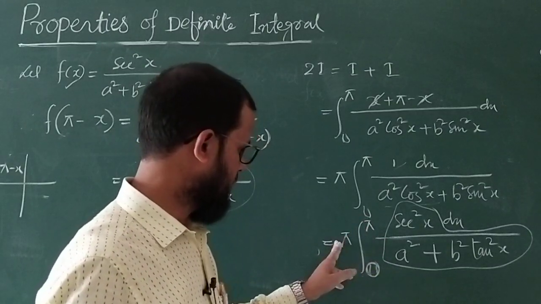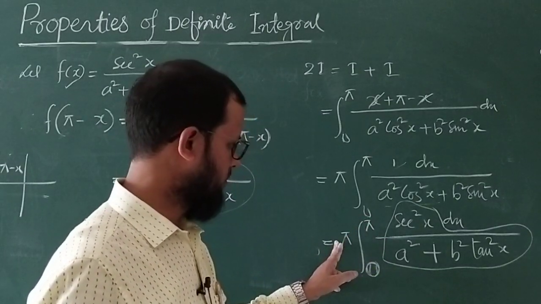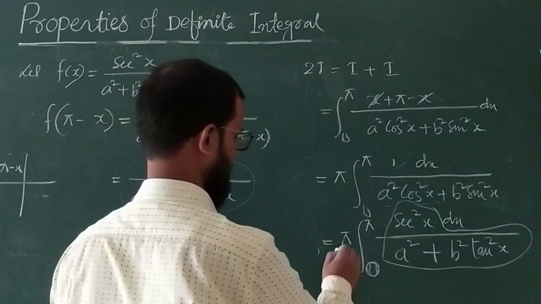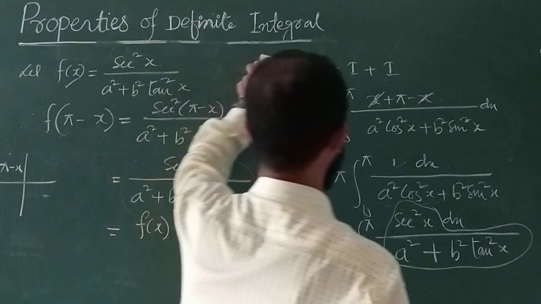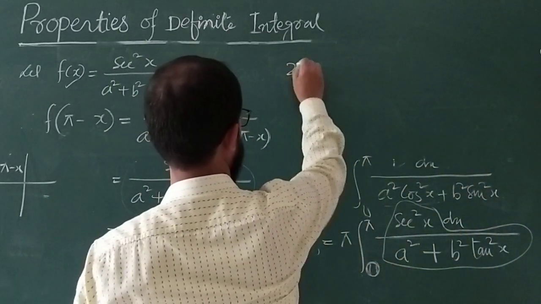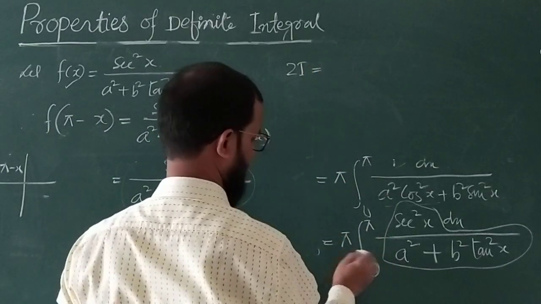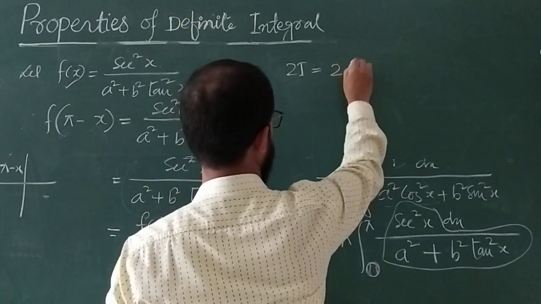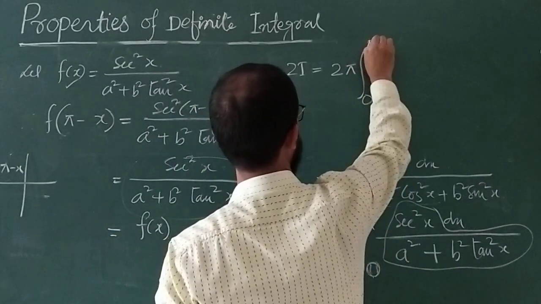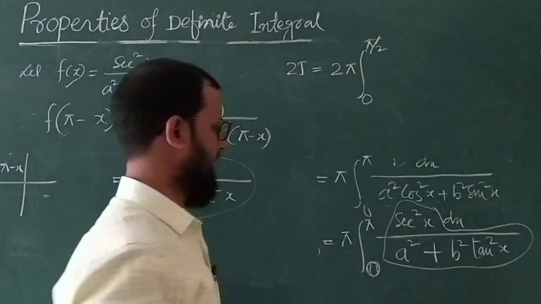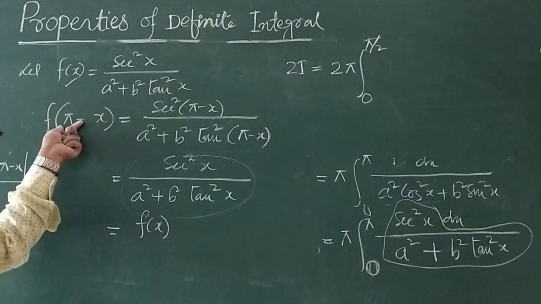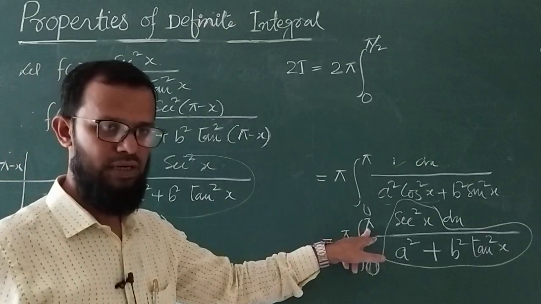twice the integral. The next step will be: 2 comes out, 2 into the integral, and the limit becomes 0 to pi by 2, because pi is twice a, and a is pi by 2.